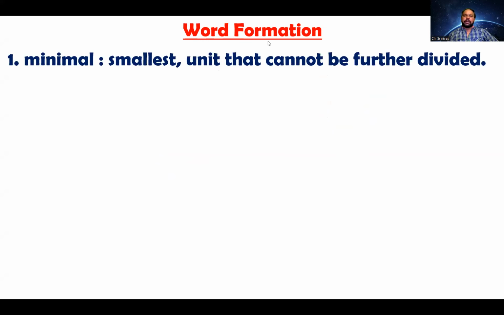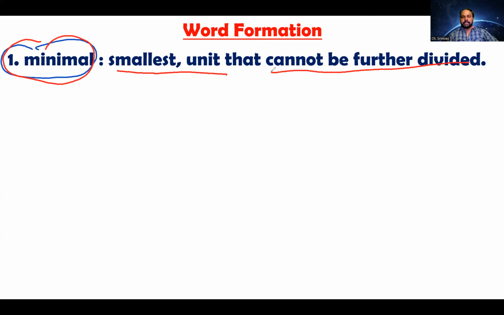So we have discussed one term, that is minimal. Chala sarlu vachindi manaku minimal anedi. What is the meaning of minimal? Smallest unit that cannot be further divided. Inka manam divide cheyaleni oka smallest unit ni manam minimal ani cheppukuntamu. We cannot divide that again. So morpheme is a minimal unit of grammatical structure.